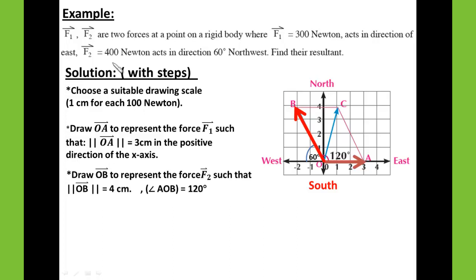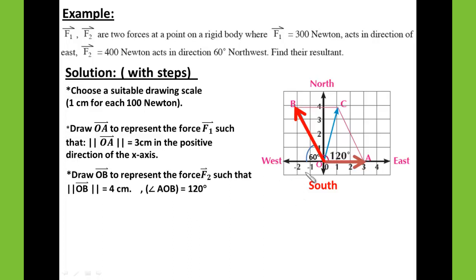And don't forget that the drawing scale is 1 centimeter for each 100 Newton. We have 400 Newton, so we represent it by a line segment of length 4 centimeters. The norm of the vector OB, its length, equals 4 centimeters.